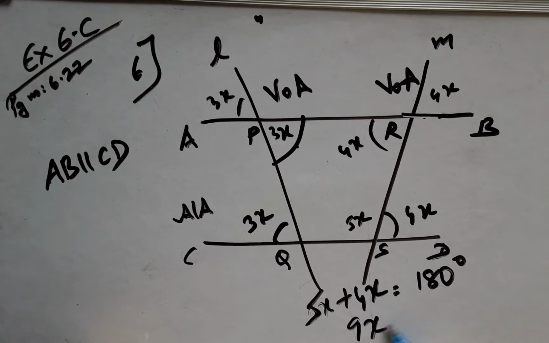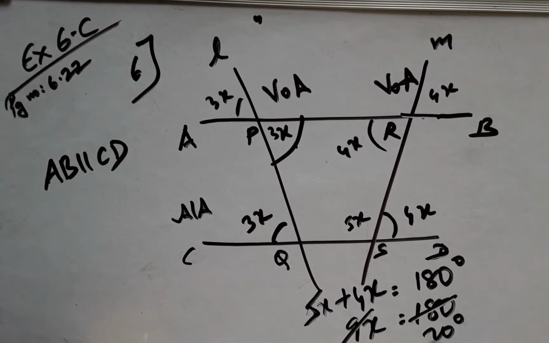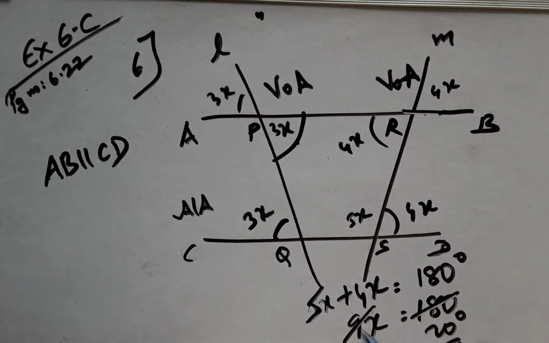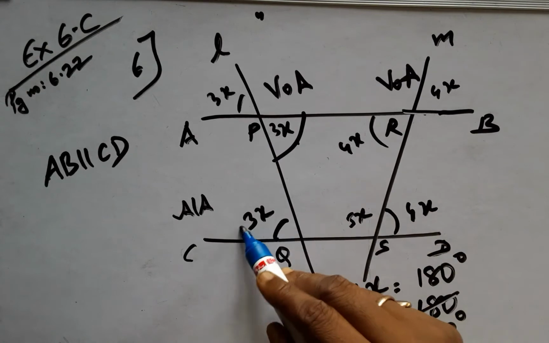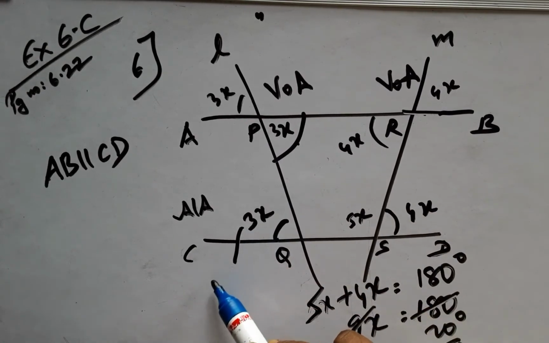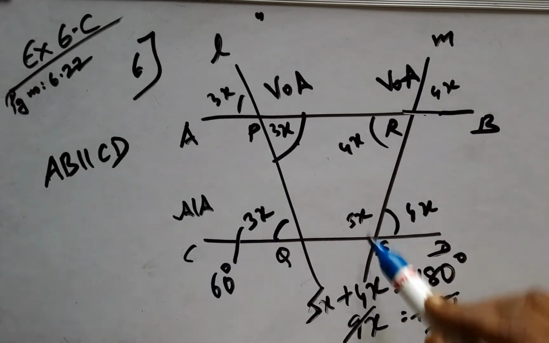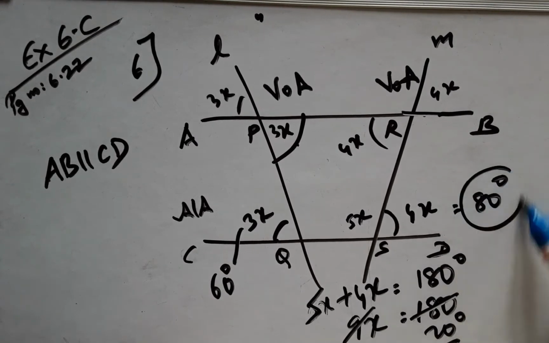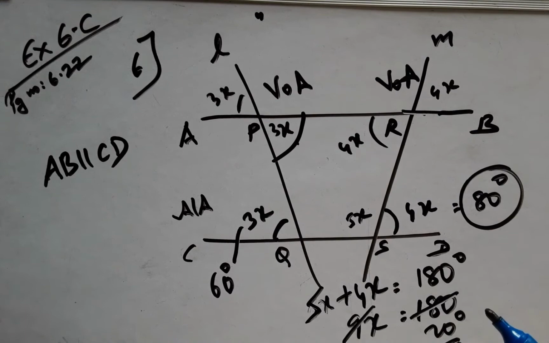From this we have the value of x, which happens to be 20 degrees. And once I have my x value, angle PQC is 3 times 20, which is 60 degrees, and RSD is 4 times 20 and comes to 80 degrees.